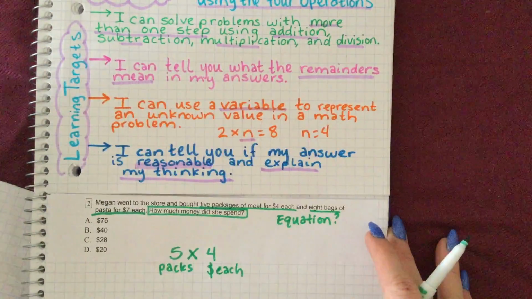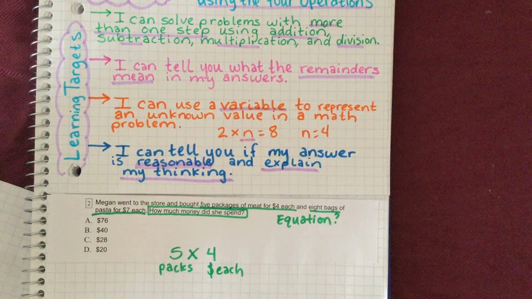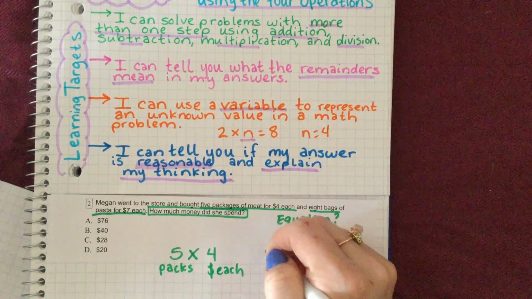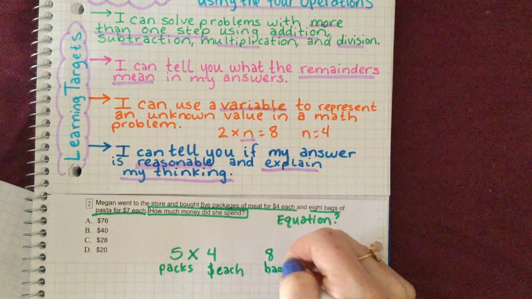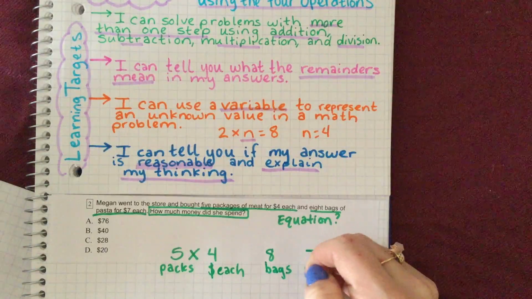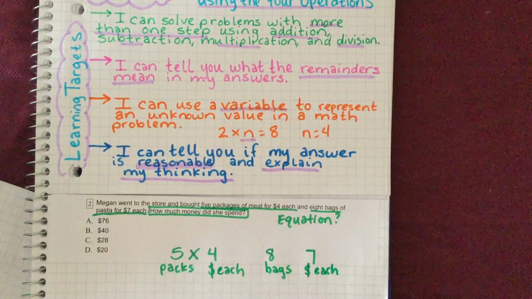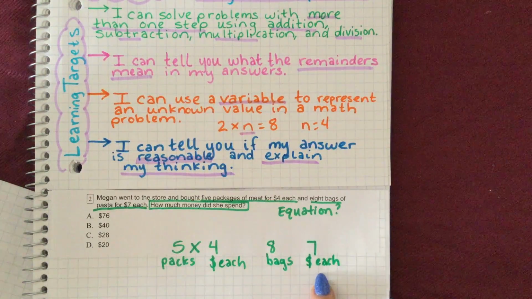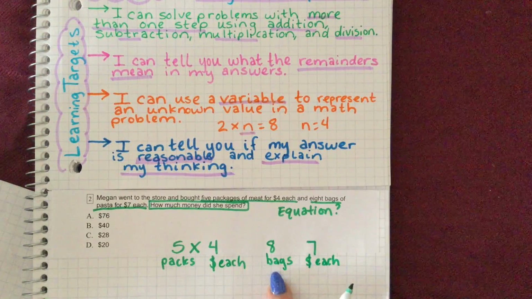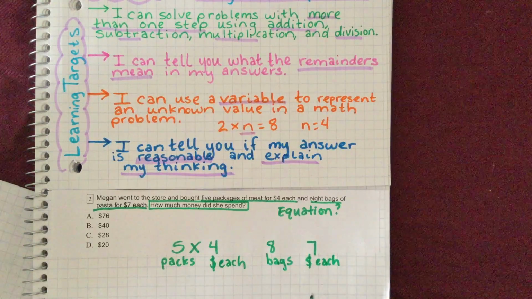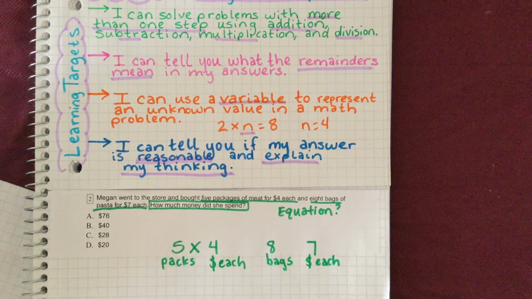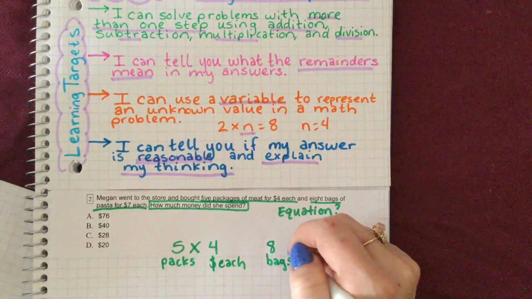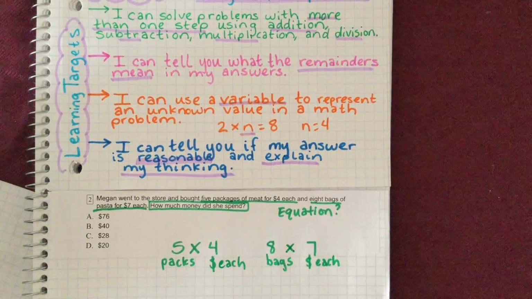She also bought 8 bags of pasta for $7 each. This looks really familiar, friends. If one bag costs $7 and she bought 8 bags, what does that mean? I bet you don't even need to pause the video. You know that it also means to multiply.